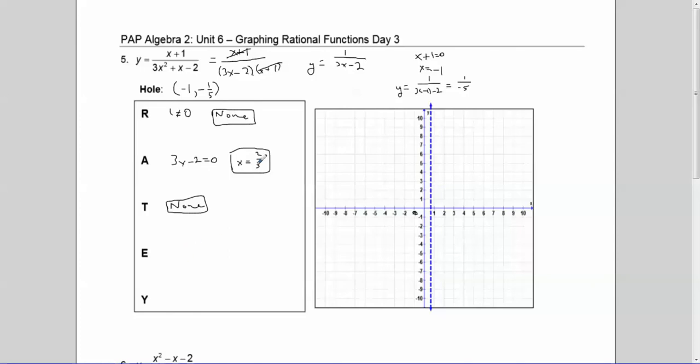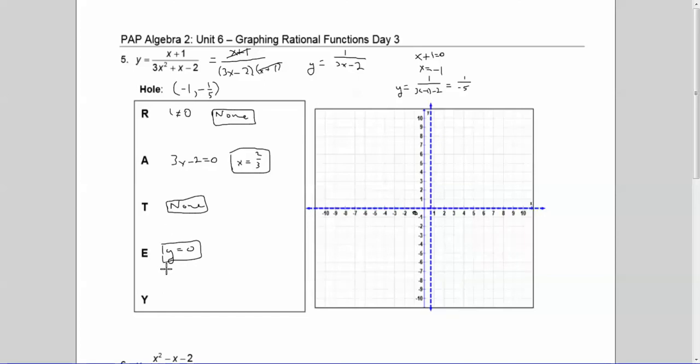Our end behavior, our horizontal asymptote, again, comparing our highest degrees. In the denominator we have 1, and in the numerator 0, x to the 0. So it's bigger on bottom, which means our horizontal asymptote is y equals 0. That'll be right there.